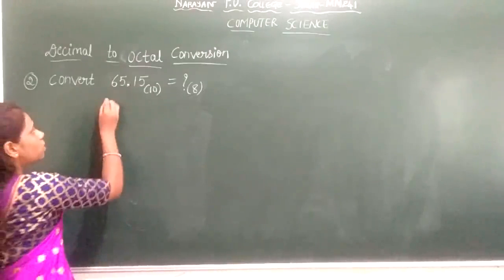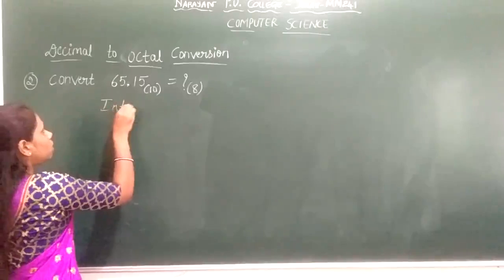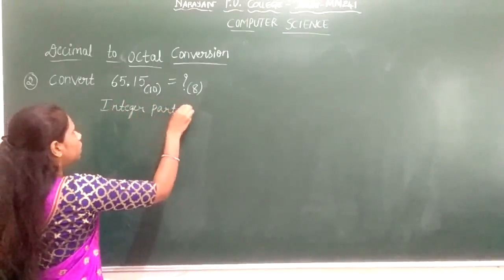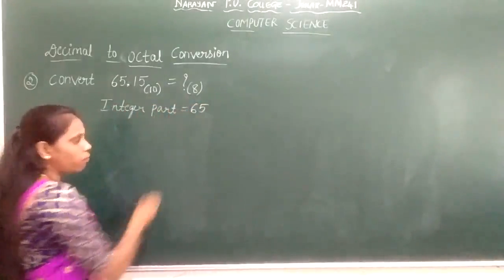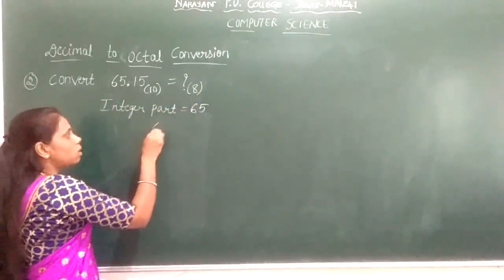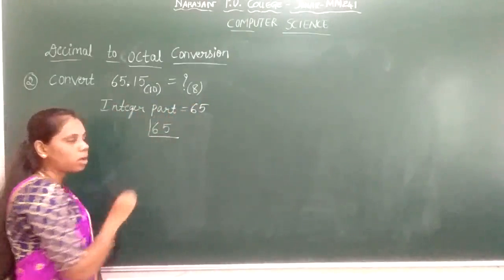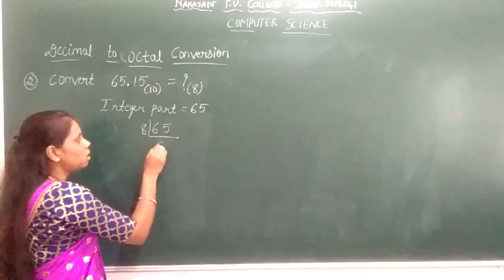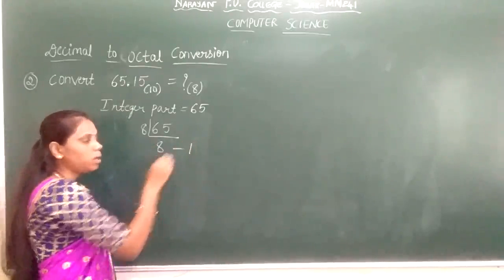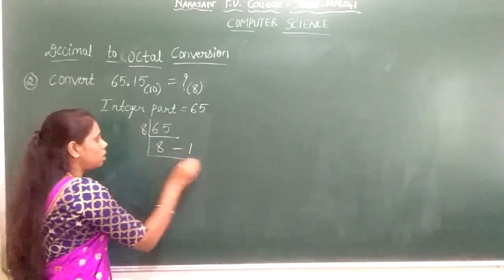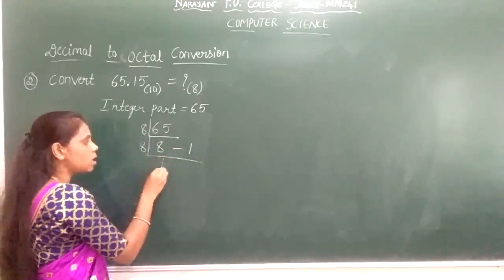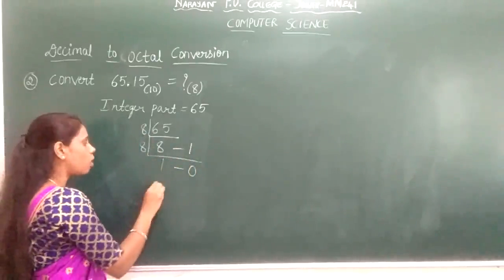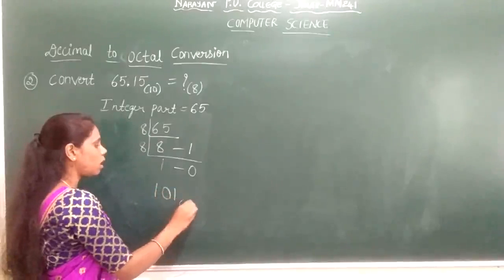Take the integer part 65 separately and divide it by 8. 8 8s are 64, the remainder will be 1. Next, divided by 8, 8 ones are 8, the remainder is 0. Now you got 101 as the answer.